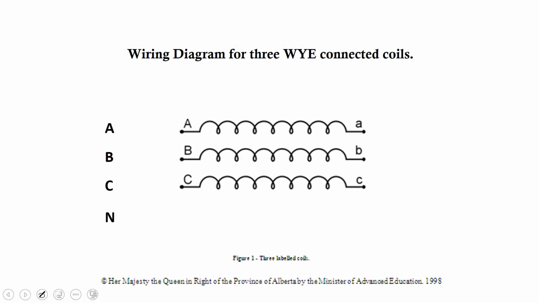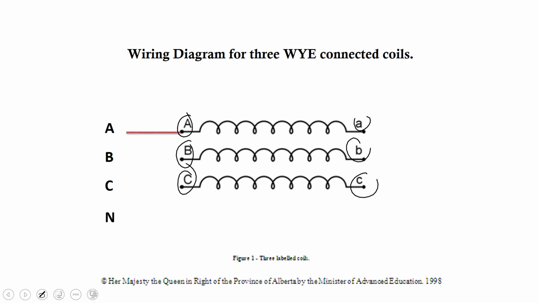Now looking at the wiring diagram for the three Y connected coils, once again I talked about we're going to use big A and little a, big B, little b, big C, and little c. And so if I was connecting up this generator, it's important that the polarity is correct.